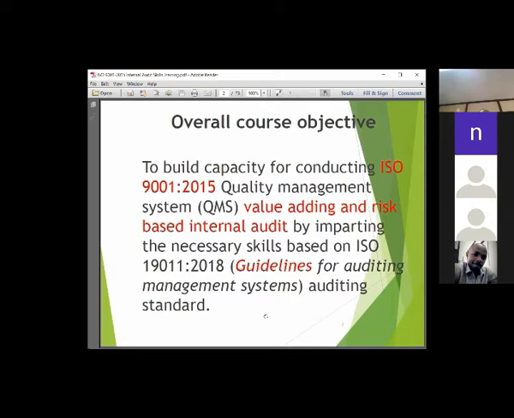You don't need to know much about it, but the training materials have been designed in line with that standard. So that is our main overall course objectives. At the end of this training, if we are not able to meet those course objectives, let us know, because we will not have done what we are supposed to do.